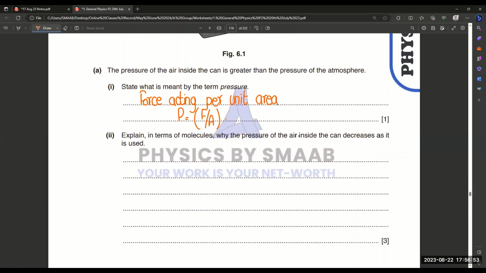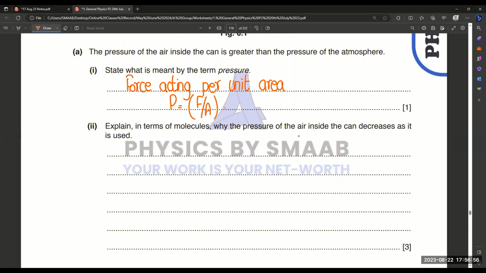So we can say that when we start to use the can, there will be less air, or fewer air molecules, inside the can.